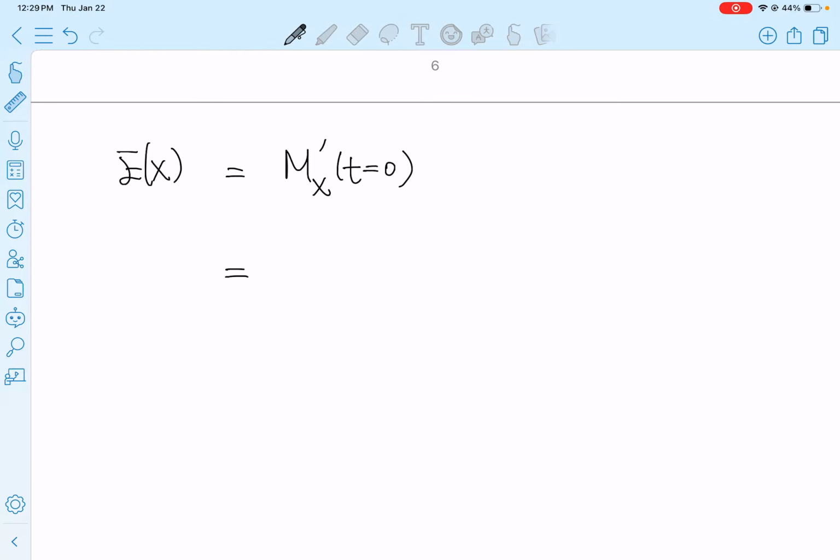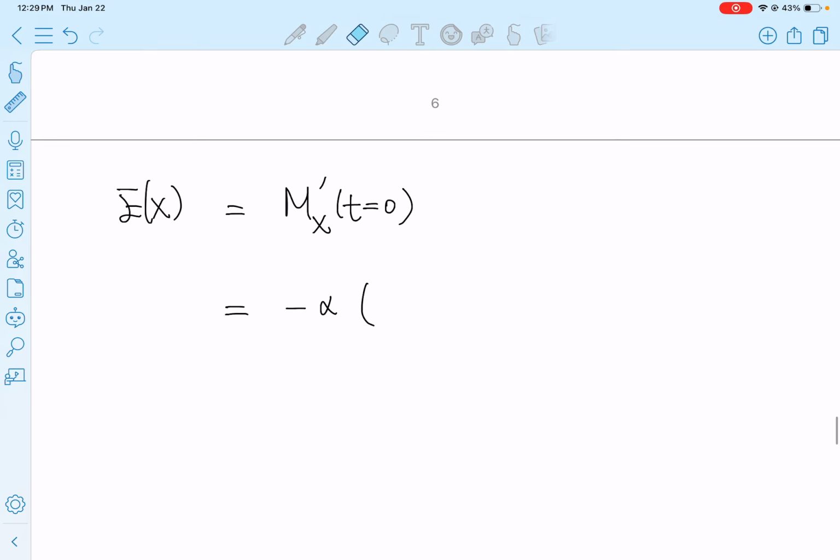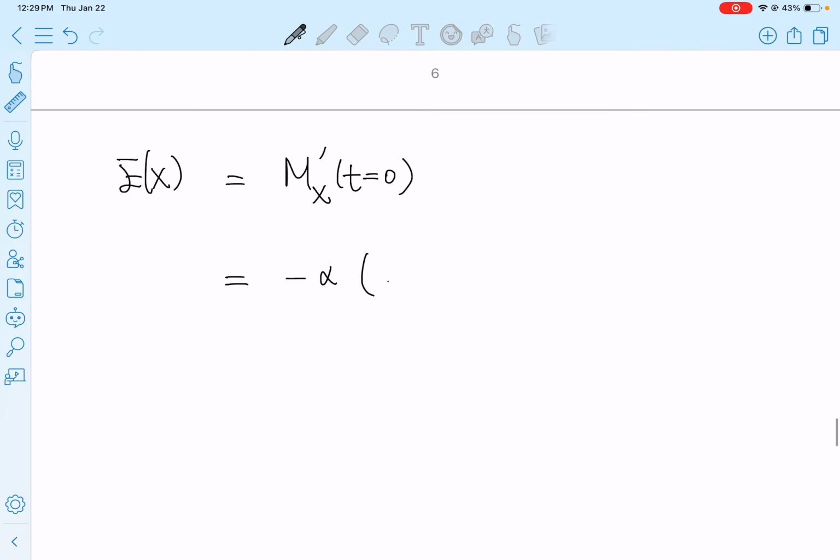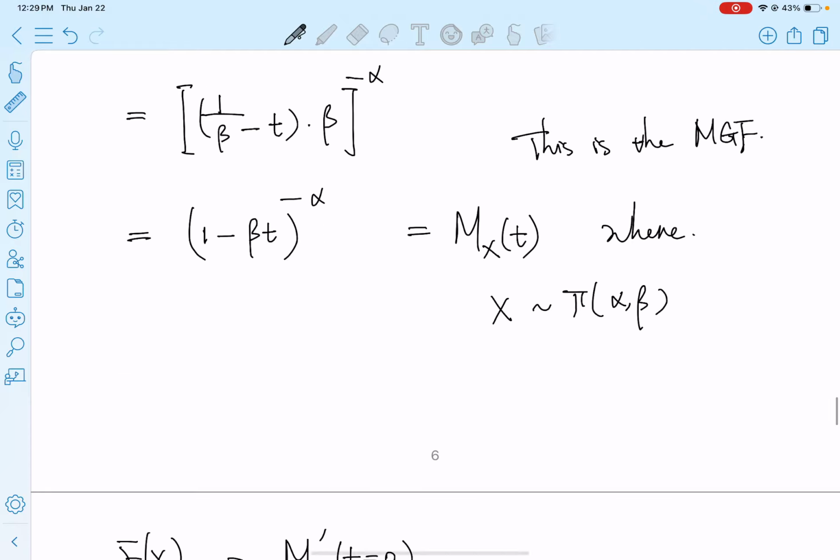So, first of all, let's bring the power to the front. We will have 1 minus beta t raised to the power of negative alpha minus 1. So the derivative of that is that you bring the power to the front and then minus the power minus 1.